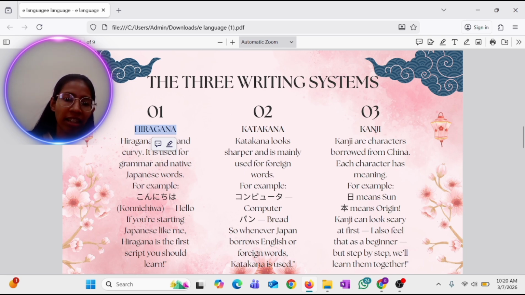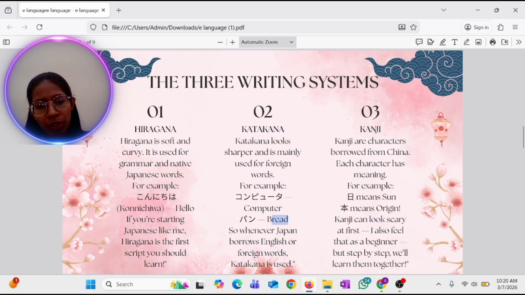The second is katakana. There are many foreign words in Japanese also. Let's say for computer you use a different pronunciation, and for red there are different words for different things. So for that you need a foreign writing system, and katakana was introduced. Katakana looks sharper and is mainly used for foreign words.